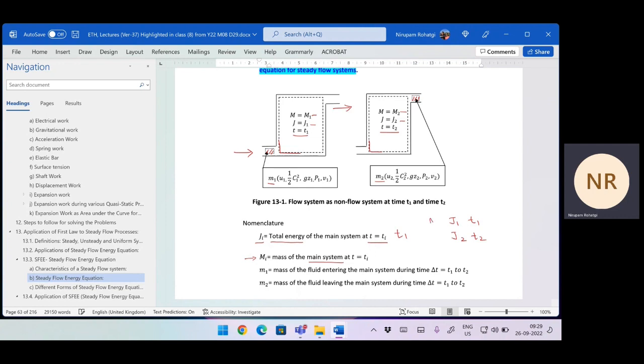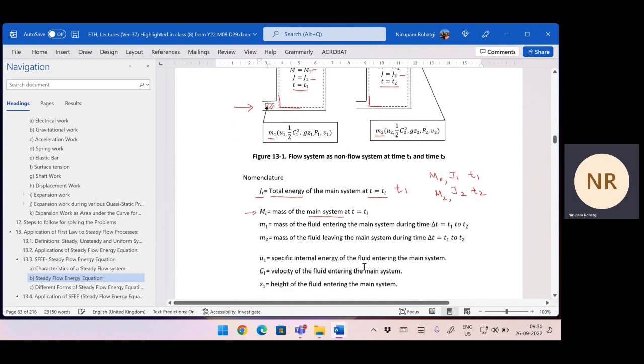And here you have M1 and you have M2. At T1, the main system has total energy J1 and mass M1, and both of these are changing. At time T2, your system has mass M2 and total energy J2.